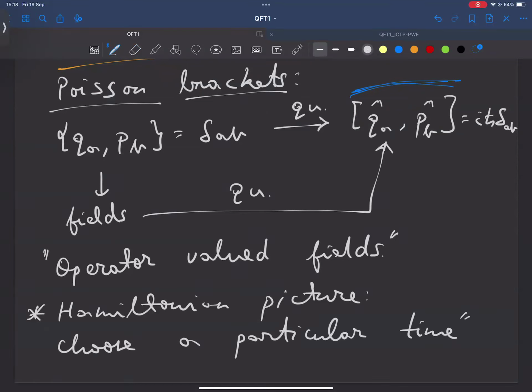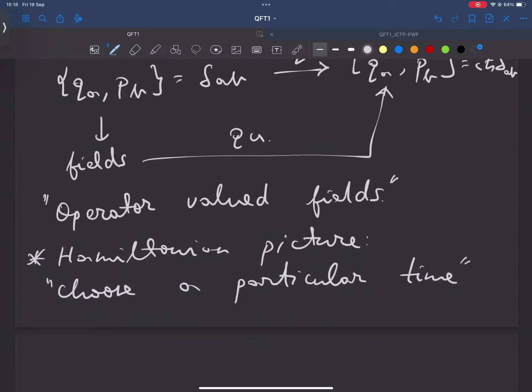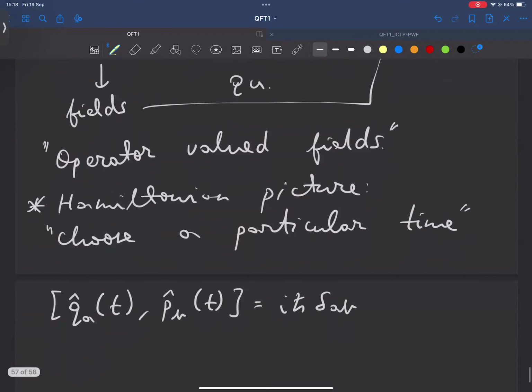So we choose a particular time coordinate. So that's why when we look at operator valued fields, which will depend on your space-time points, in particular, let's say, depending on time, then we will impose these kind of commutation relations at equal times.